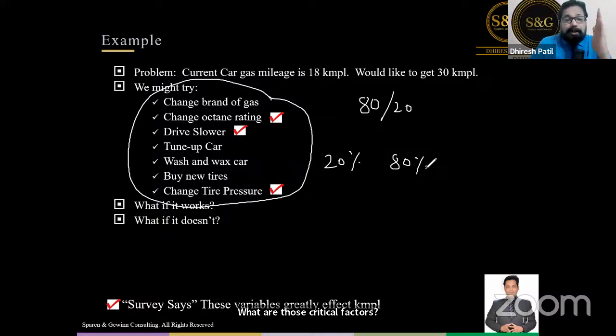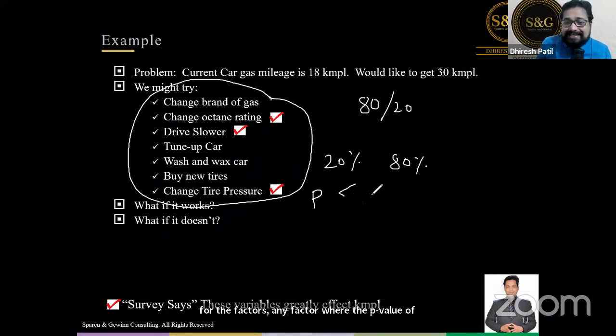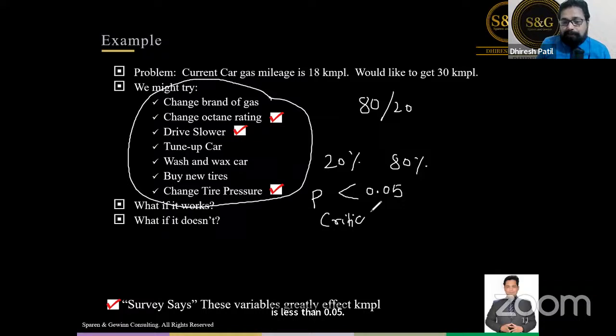Apart from that, in Minitab, we are going to learn about the Pareto analysis and the p-value analysis. Any factor where the p-value is less than 0.05 is considered to be a critical, important factor.